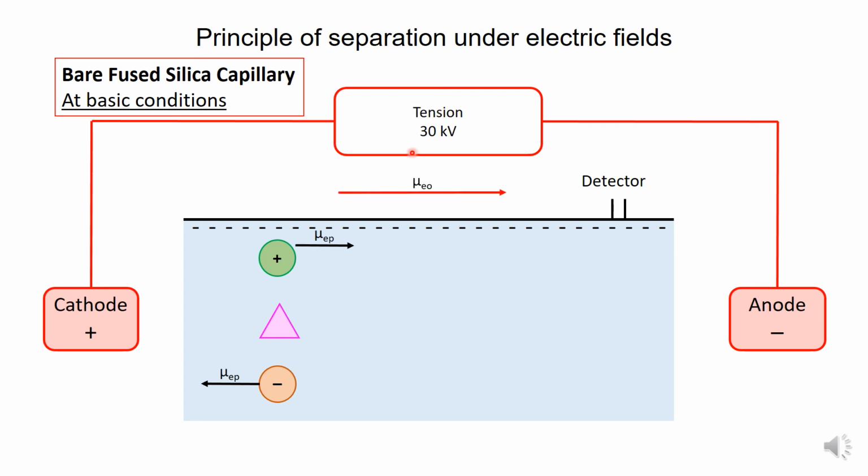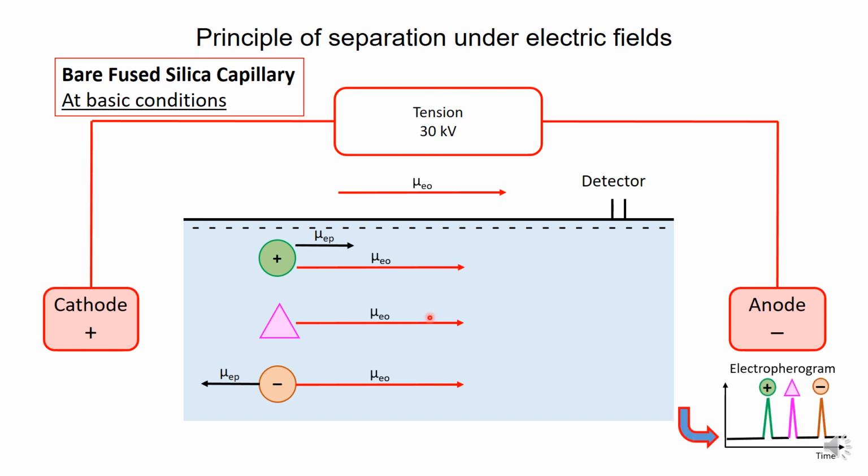But there is also an electroosmotic mobility which is applied to every system. Every compound has this electroosmotic mobility. So now you see that each compound has a different mobility. And then we can see the compound, because I detect the compound.